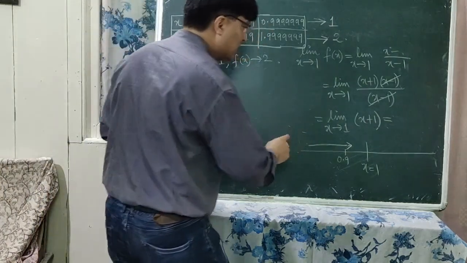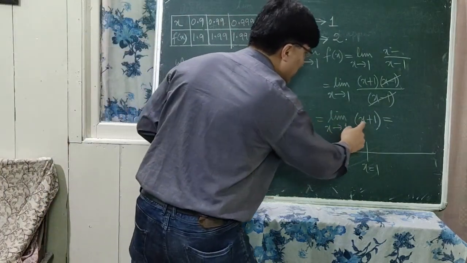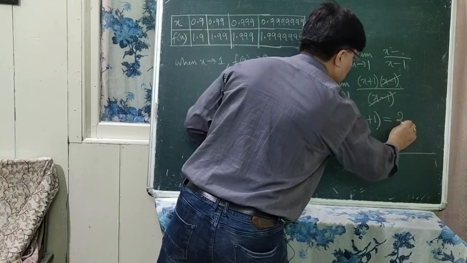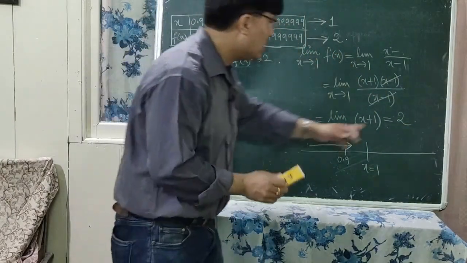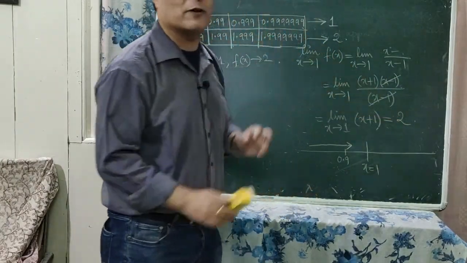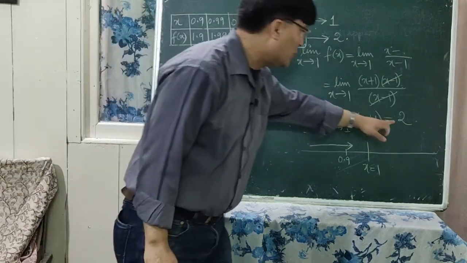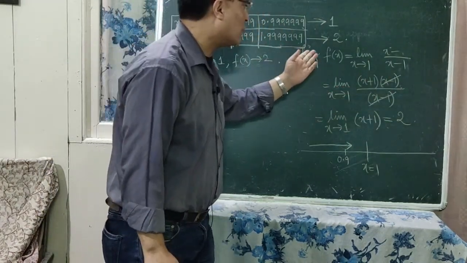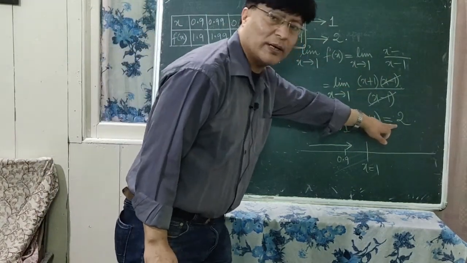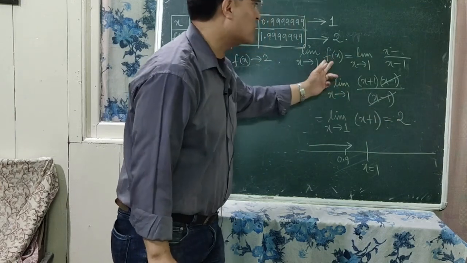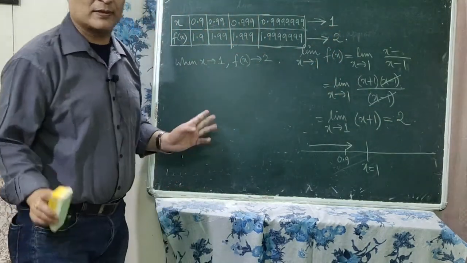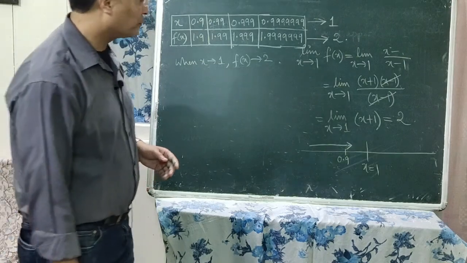But 2 is not the exact value of this function f of x. 2 is known as the limiting value of this function f of x. Is that clear to all of you?